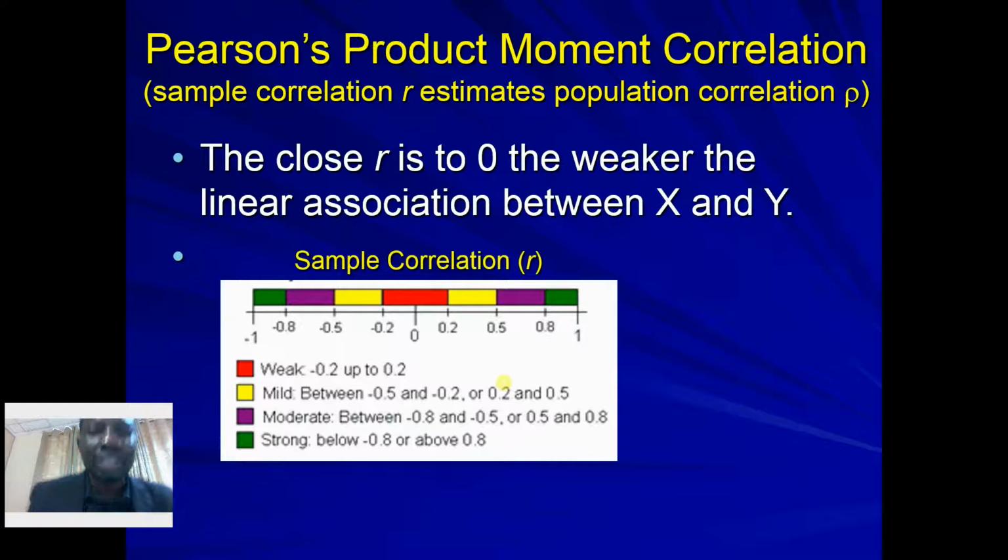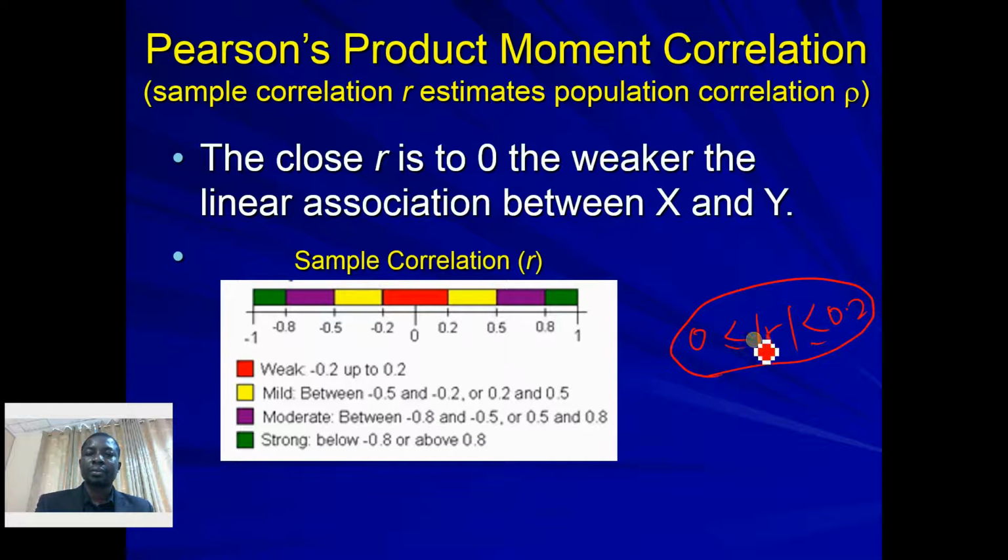And as we indicated, we have some scale. For example, if you look at the scale here, when your correlation coefficient has a magnitude between 0 and 0.2, then we say that there is a weak correlation between the two quantities.